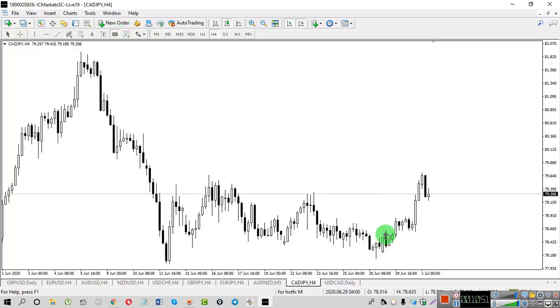We have a nice upside move, then we have a base which gives some explosive move upside. So we have a nice demand zone here.